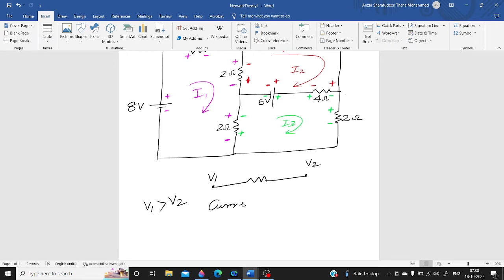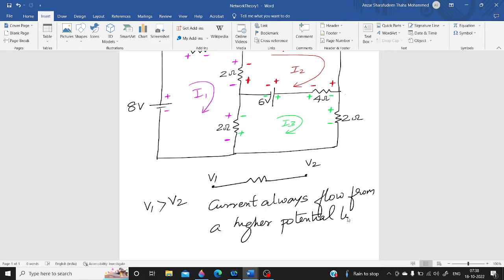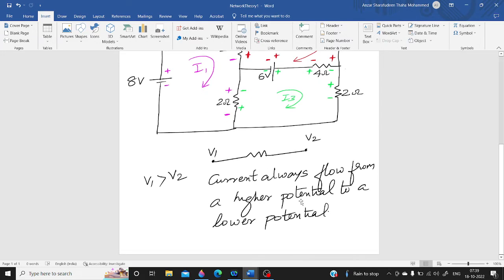Current always flows from a higher potential to a lower potential. You can consider current flow similar to a water flow.